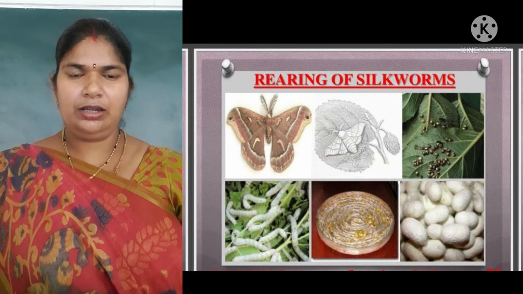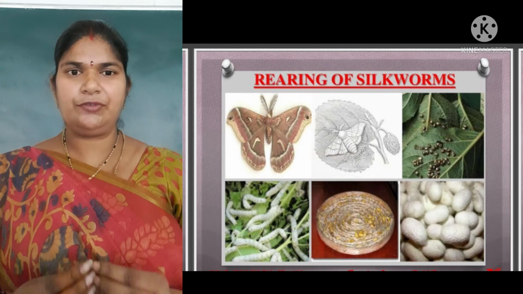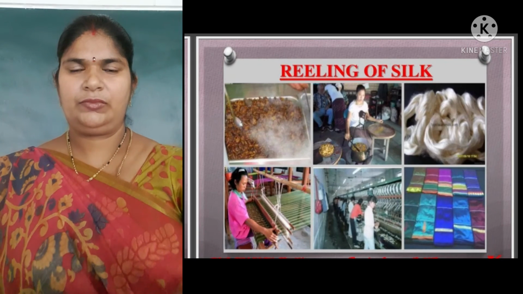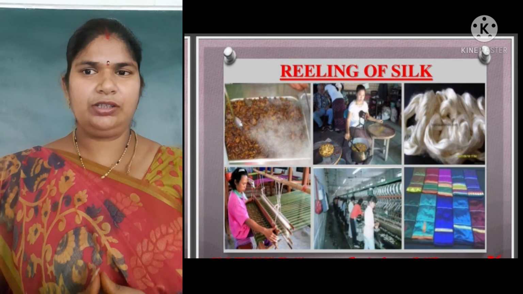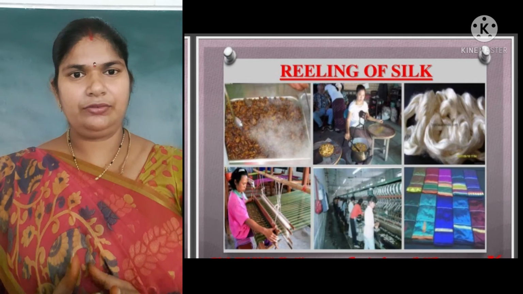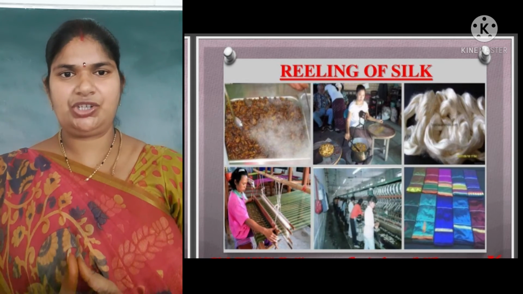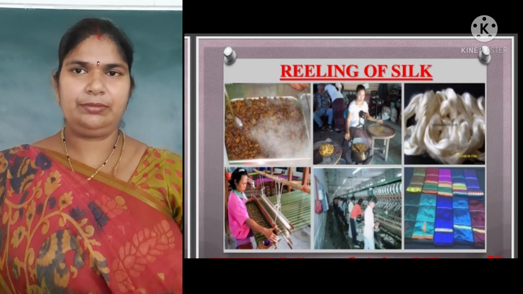This pupa secretes a protein through its filaments. Then the process of taking out the silk thread from the cocoon is called reeling, which is done by machines.